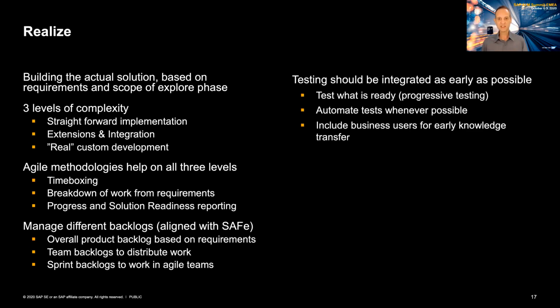So really the testing part here together with agile, so testing in sprints, this progressive testing approach, so Nicola and Wolfgang will also talk about that, really is important in order to make sure that from the beginning you have these quality aspects within the solution and make sure that what's developed, what's configured, fulfills the requirement, and at the end also is accepted by the business users. So including business users early also in testing during realize definitely makes sense and helps later on when you want to have acceptance of the solution for go live.